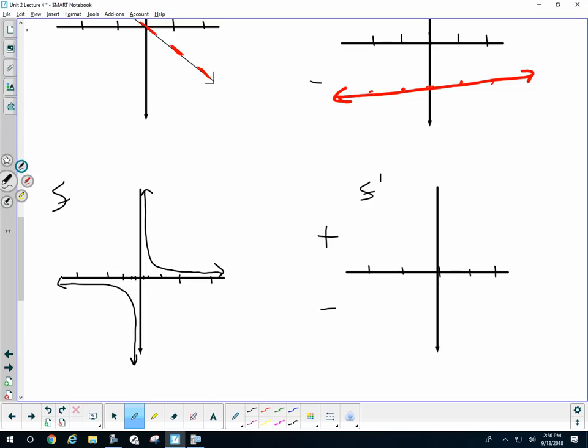We always start with sketching the tangent slopes. I got that guy there, that guy, that guy, that guy, this guy, that guy, that guy.